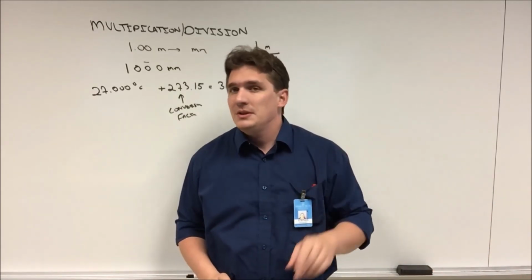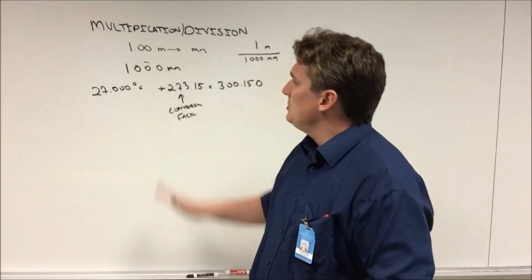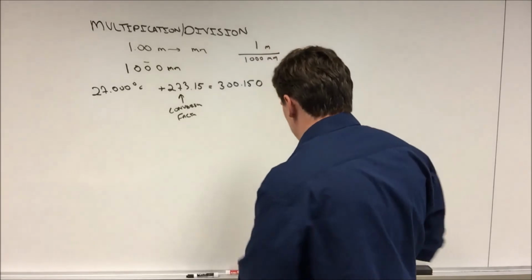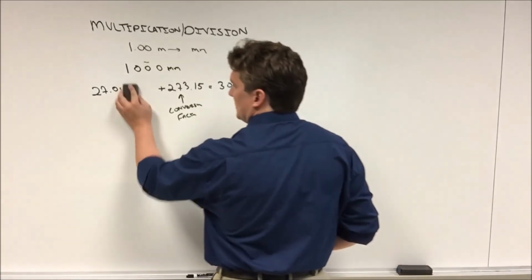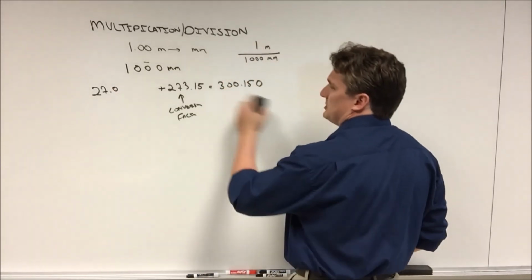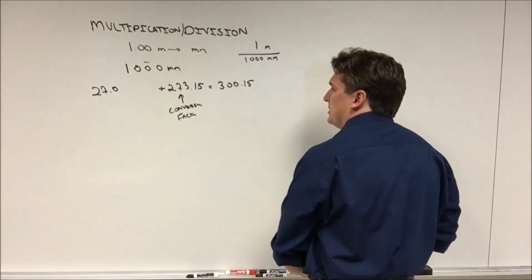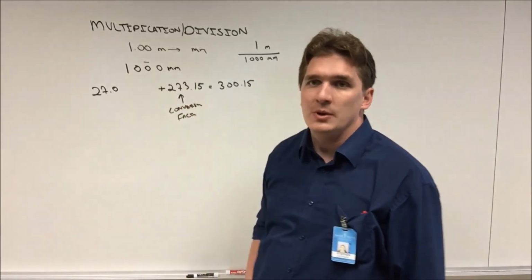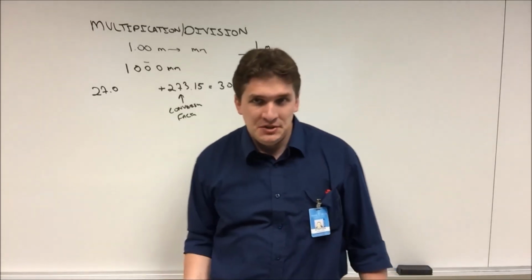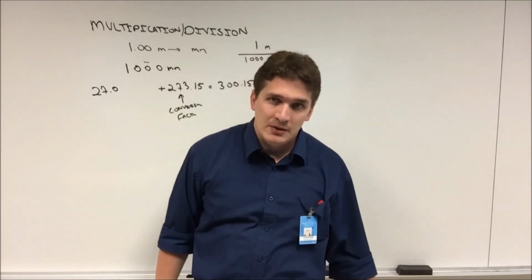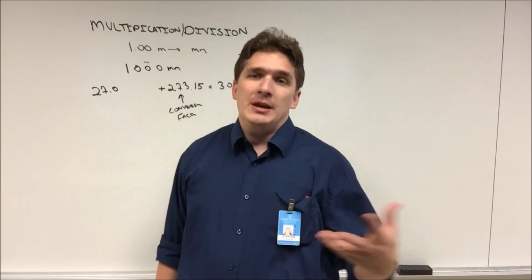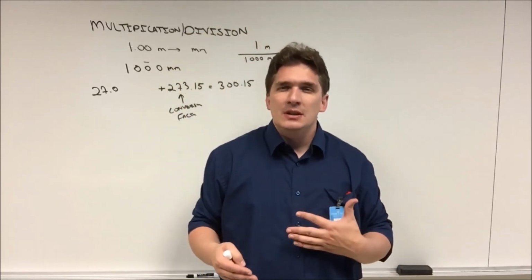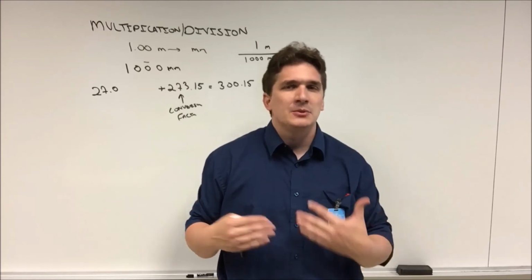Now there is one other thing to note. When you convert your answer to the correct number of significant figures, so let's say you ended up with 27.0 plus 273.15, and your final answer was 300.15, and you want to get this back to 1 decimal point and you round. There's the engineering way of rounding, and then there's the scientific way of rounding. The engineering way of rounding is meant to basically cancel out error. So I think the rule is if it's an even number, you round down. If it's an odd number, you round up.